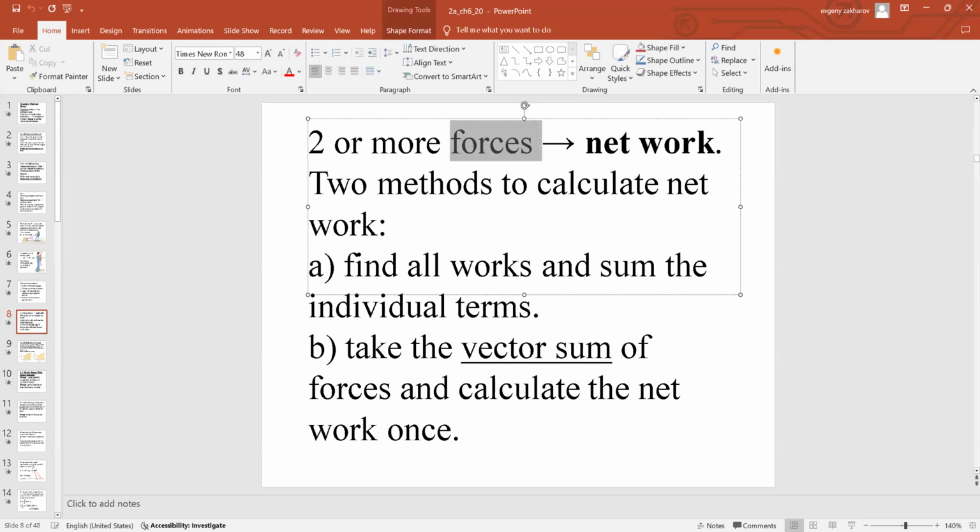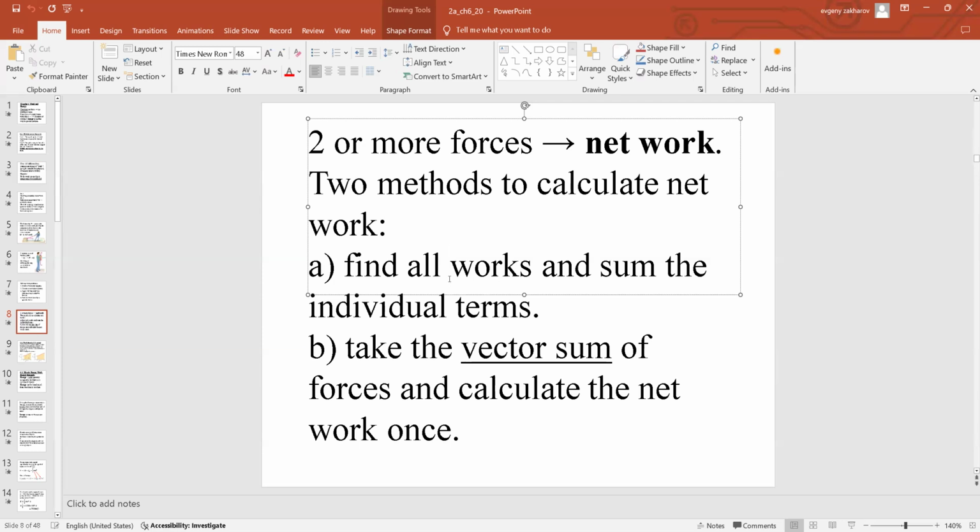Chances are it's going to be more than one force. So instead of just one work from one force, you'll get multiple forces and multiple works. And then you combine all those pieces together and you get the net work. Remember, we had net force. So for a net force, you would get net work. Net means the sum of all the works from all the forces.